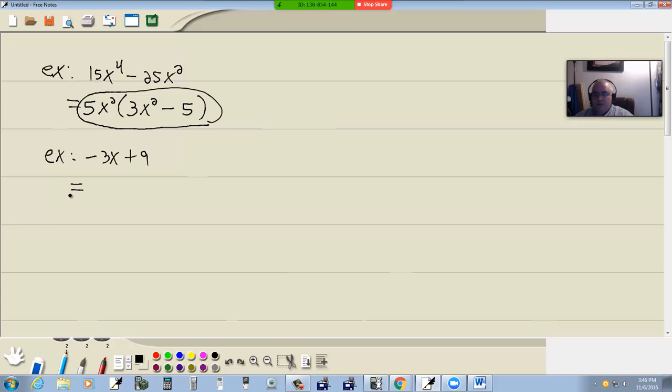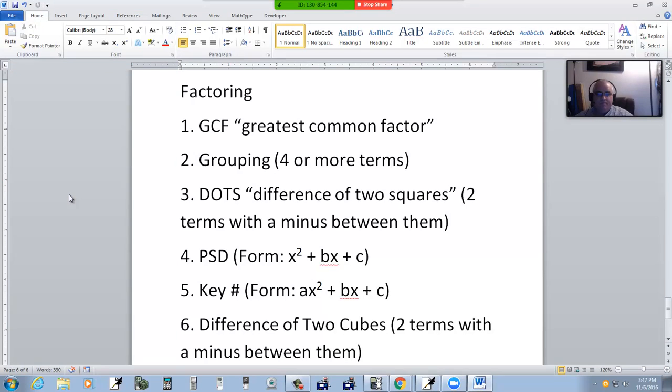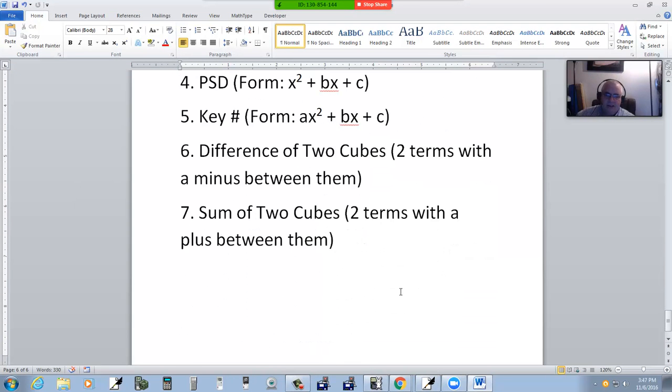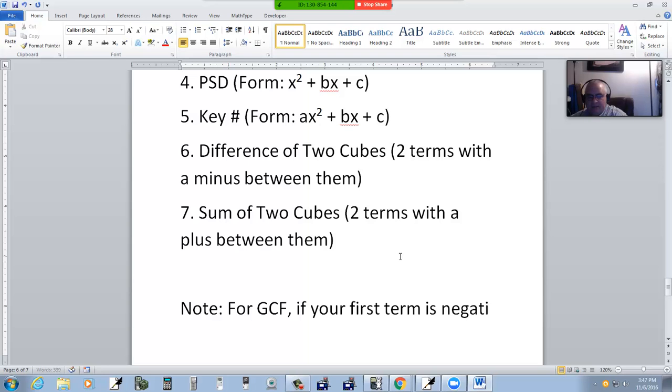Now this one, there's a note that goes along with it for GCF. And the note says, for GCF, if your first term is negative, always factor out a negative.